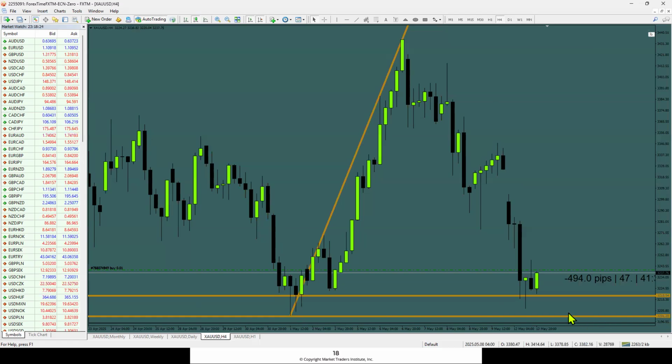Remember, this is 2 candles to the left, 2 candles to the right, so this is a support. So between the wick and the body of the candle is your support zone.